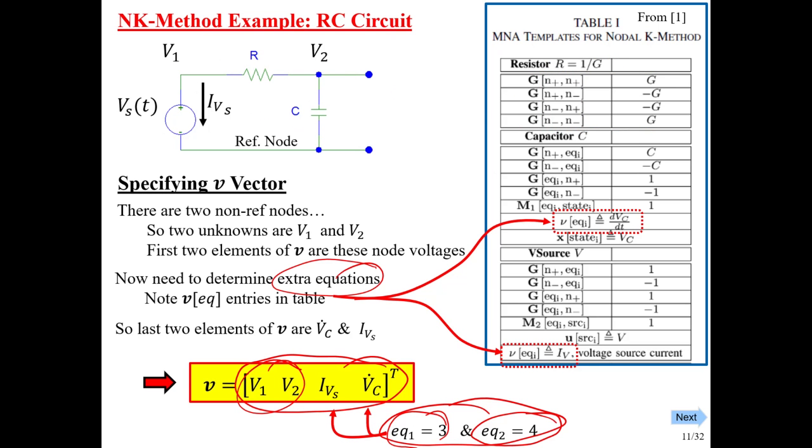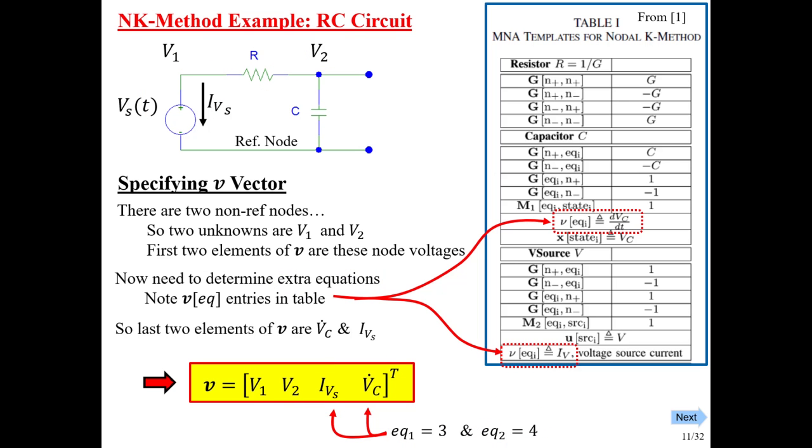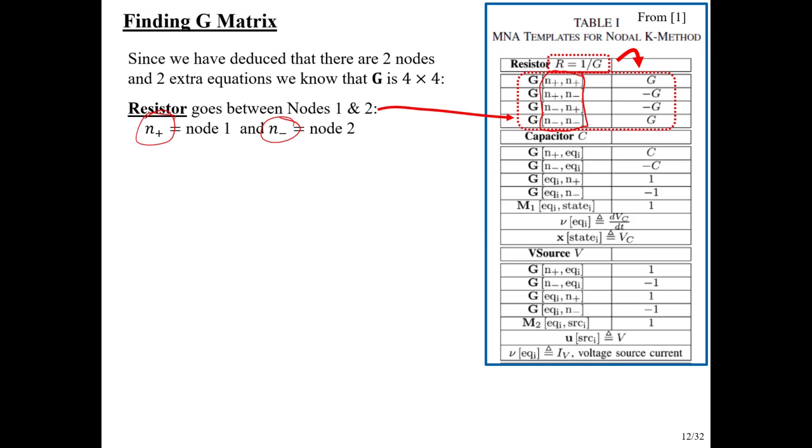So we think about the voltage V1 minus V2 defining the current through that resistor. That's how we write KCL here. And so that's how this carries over. So V1 is positive, V2 is negative for this resistor. So that's how we get this. So N plus is node 1 or just 1, and N minus is 2.